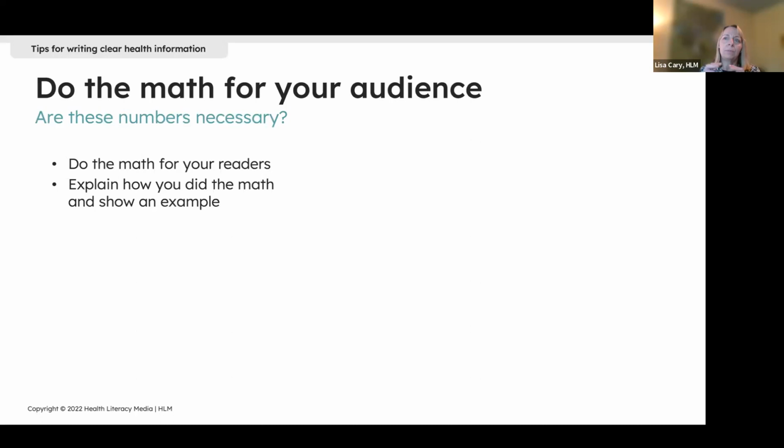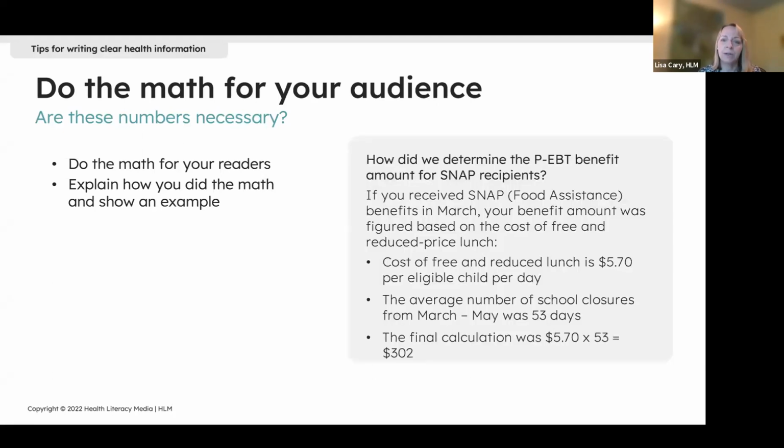If it's something personal, like calculate your body mass index by taking your weight times something, and they're needing to figure it out for themselves, explain how you did the math and show an example so that they can follow the example. And so I think we have an example here.